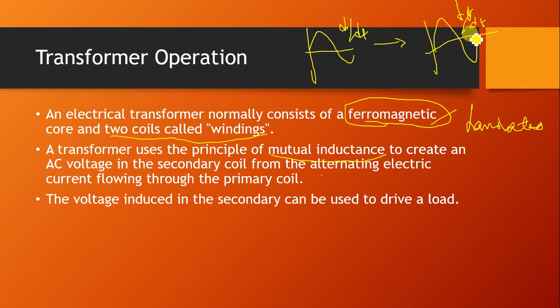Whenever this d phi by dt is cut by the secondary coil, a voltage is induced. The voltage induced in the secondary can be used to drive any load: resistive, capacitive or inductive.